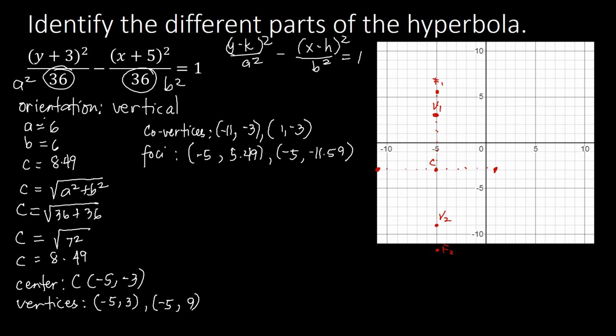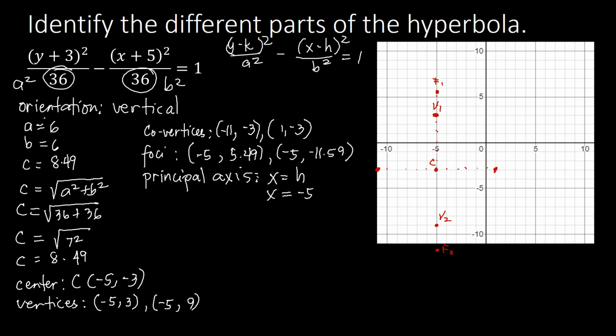Once we're done with the foci, let's now go for the principal axis. Since this is a vertical orientation, we will have x equal to h. X here is equal to h on the center, which is -5.